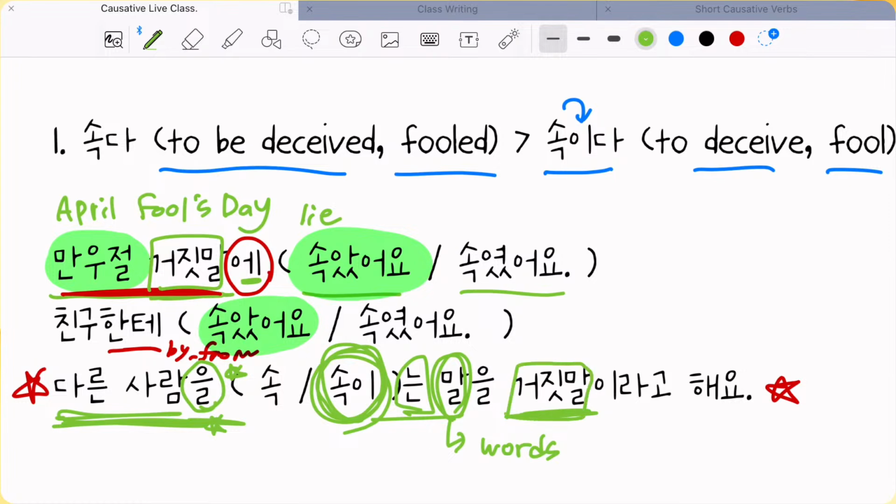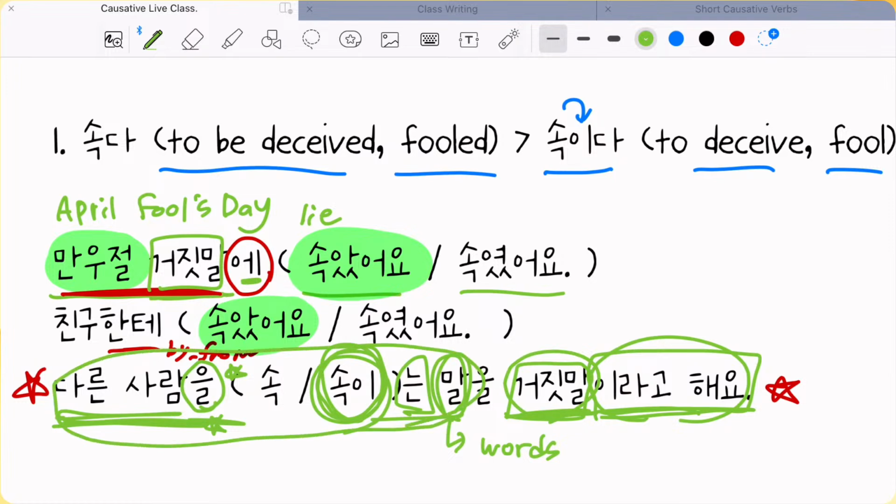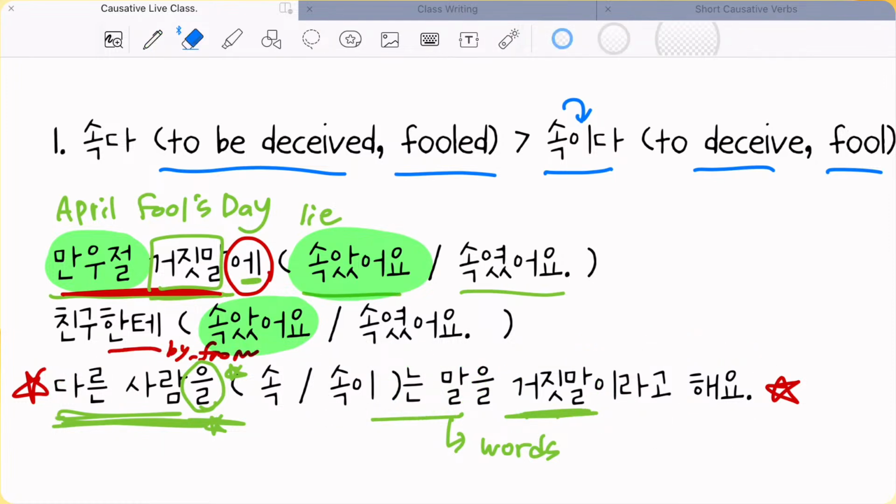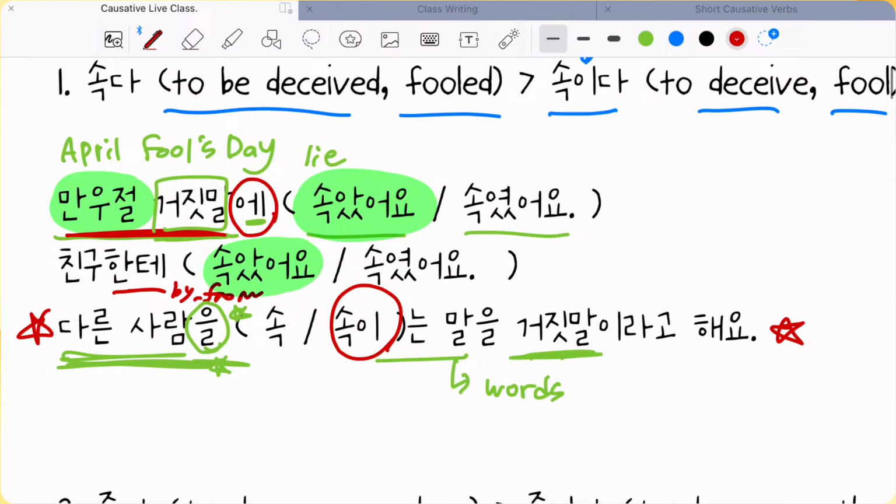Lie. 거짓말이라고 해요. It is called 거짓말, lie. So the words that you use to deceive other people, we call it lie. So here, to deceive somebody is the correct verb. So you can use 속이다.